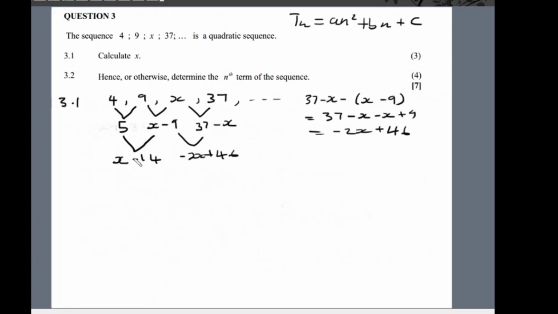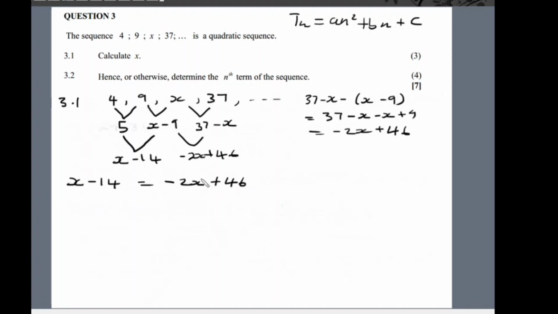Because this is a quadratic sequence, the second difference has to be common, which means that x minus 14 is equal to minus 2x plus 46.